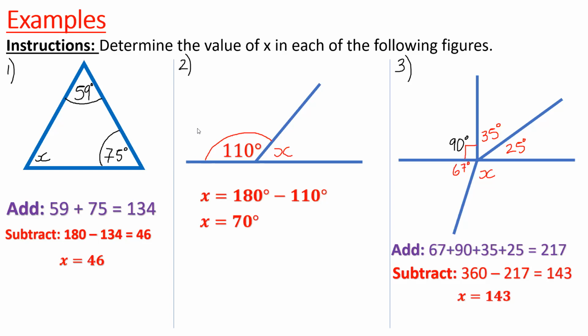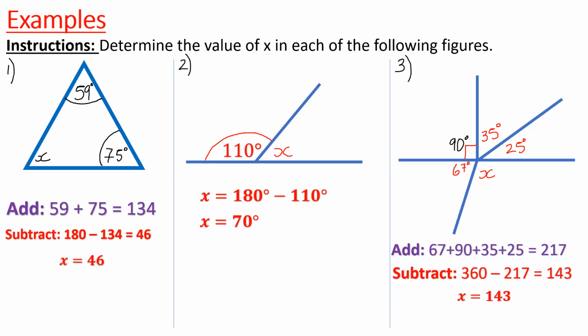Yes, sir. Okay, good. Do you understand how we get our answers or no? I think so. Well, explain to me how we got our answer for X for the triangle. So you add 59 plus 75, which equals 134.